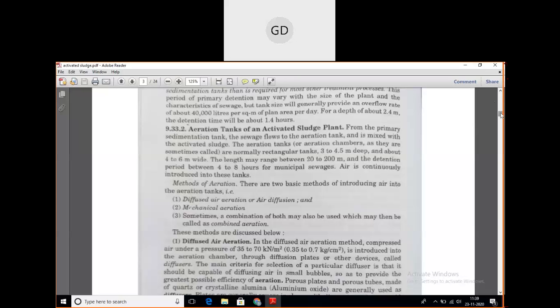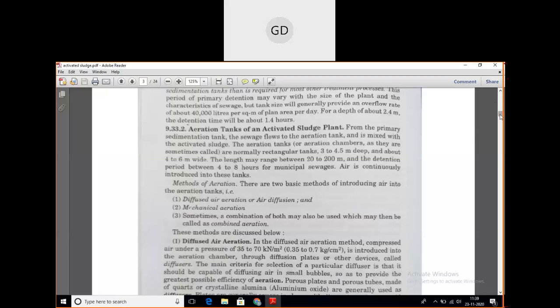One is diffused air aeration, also known as air diffusion, and the other is mechanical aeration. Number three is a combination of both one and two. If the air diffusion method and the mechanical aeration method are combined, that is also one process, known as combined aeration.